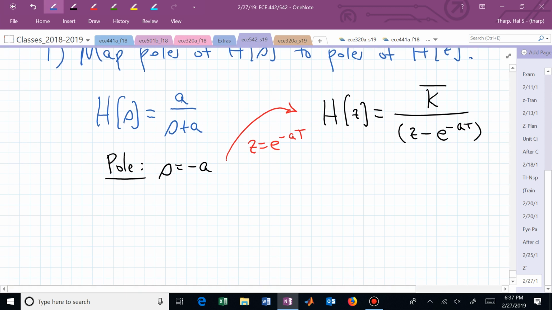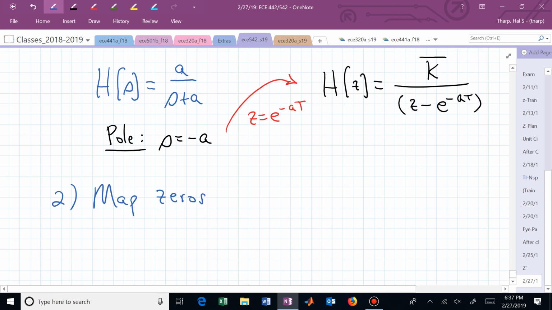We do the same thing with our finite zeros. Let me just say now we map zeros, and these zeros include finite and infinite, but we map zeros of H of s to zeros of H of z.